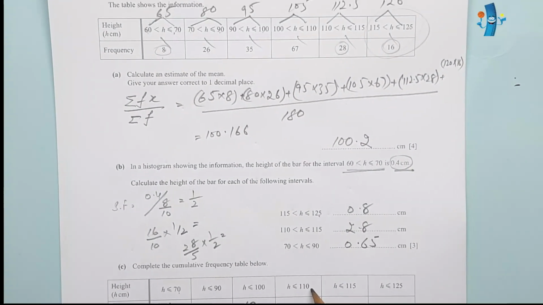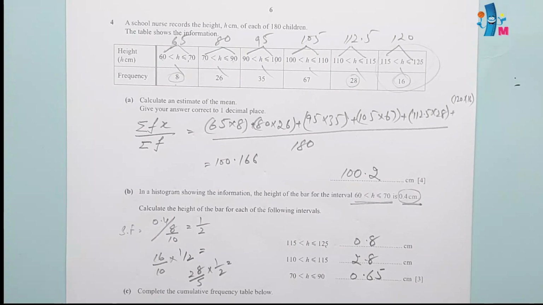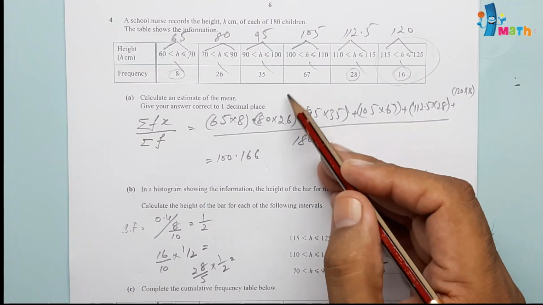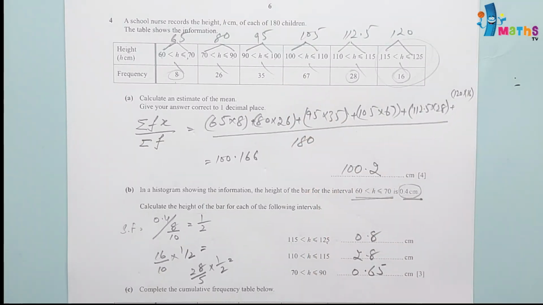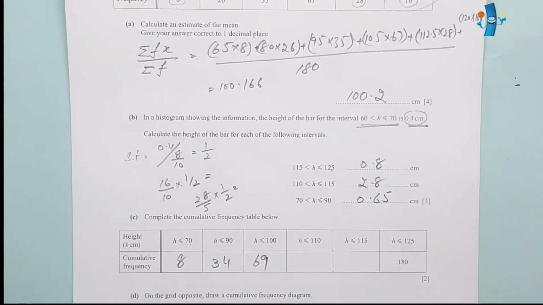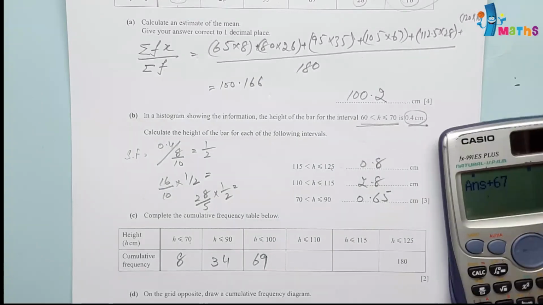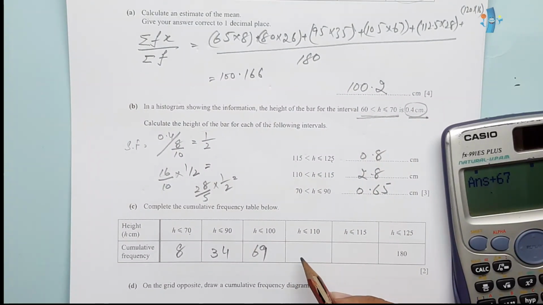Similarly, less than or equal to 110 will be this one. So to 69 we will add 67 as well. So 69 plus 67 will be equal to 136. So we will write 136 here.